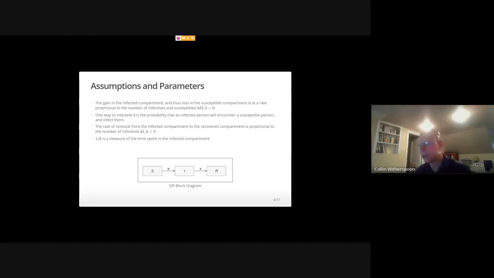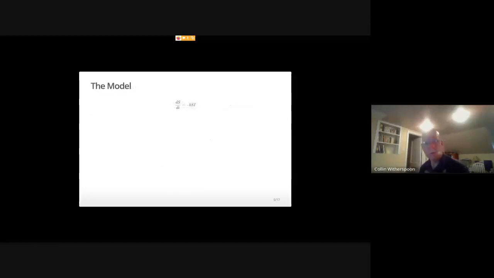B is more complicated. All right, so based on these assumptions, these parameters and what they mean, bear in mind it says the gain in the infected compartment, and thus the loss from the susceptible compartment, is that BSI, okay? So how do we model this in a set of differential equations?